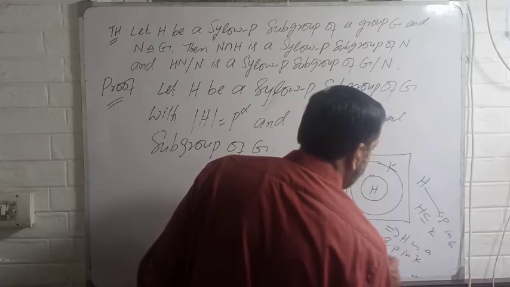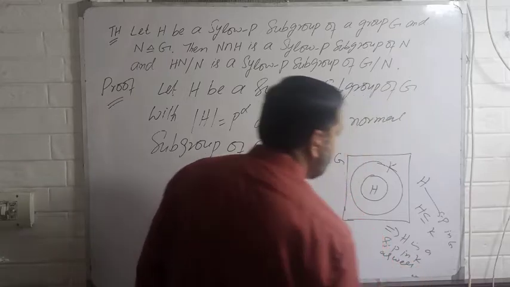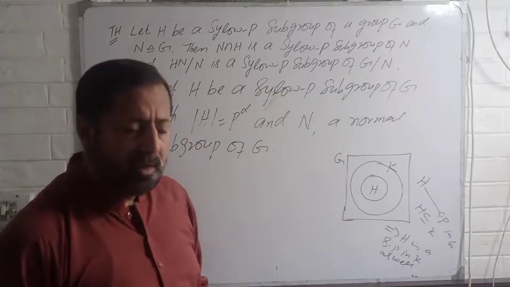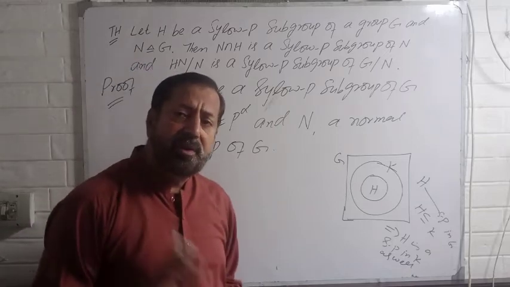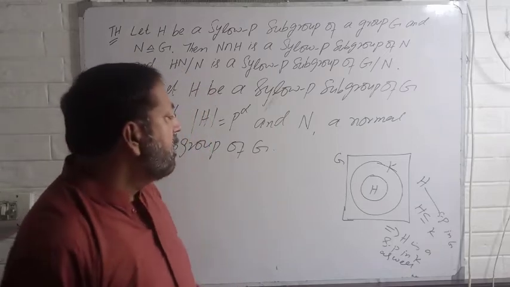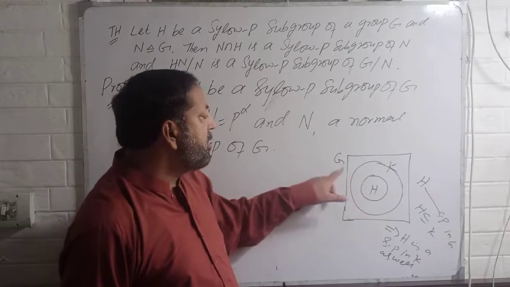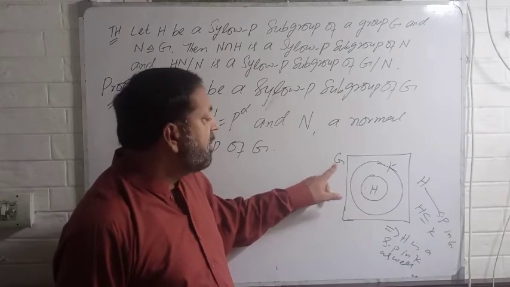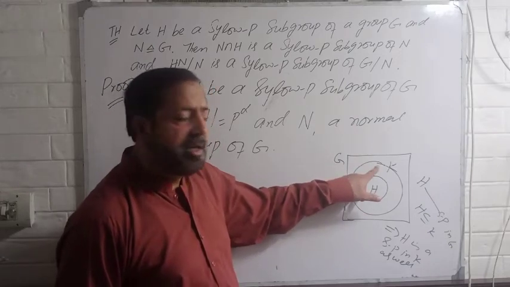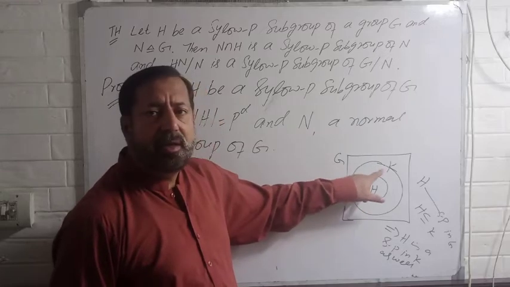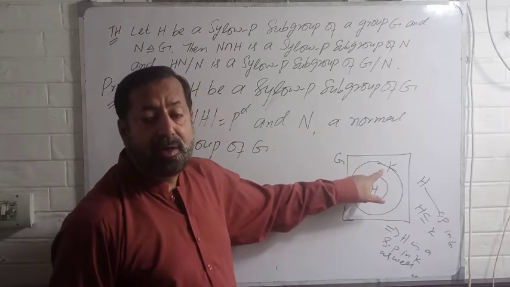This is our result. I already proved in my previous lecture that if H is a Sylow-p subgroup of G and H is contained in K, then H must be a Sylow-p subgroup in K as well.